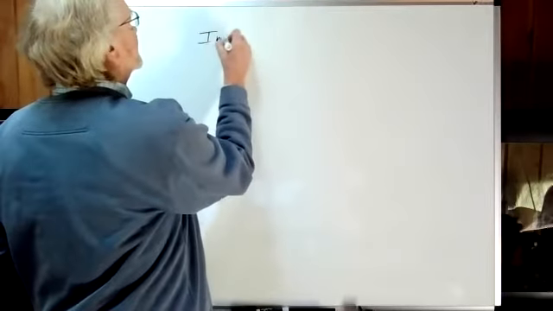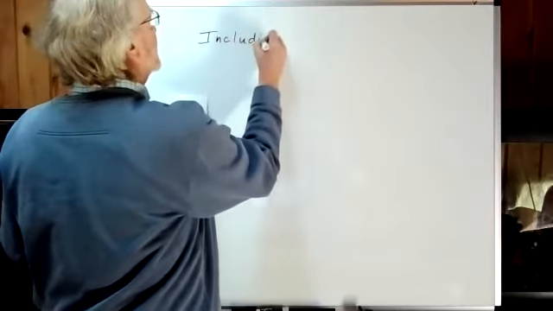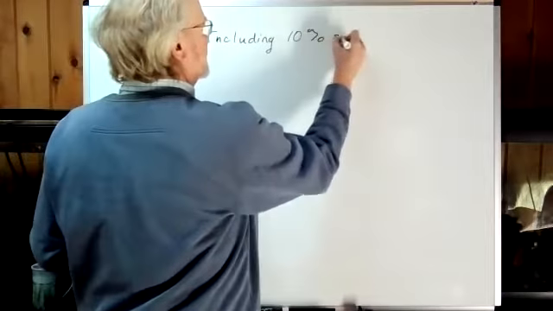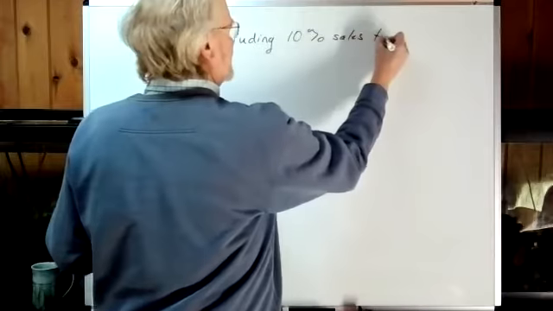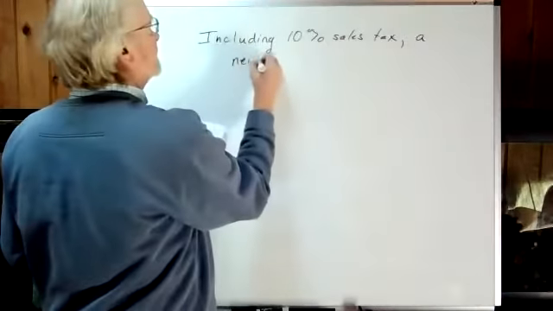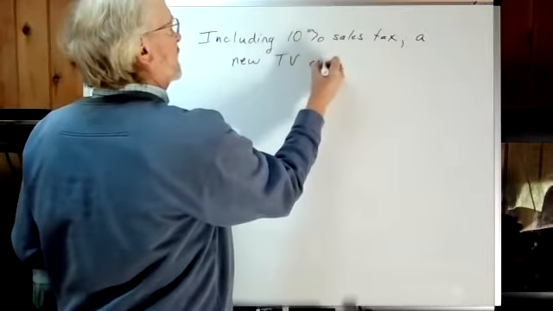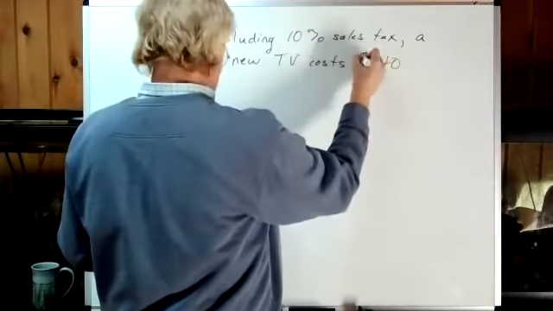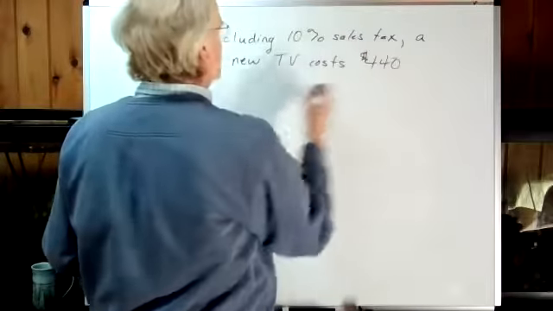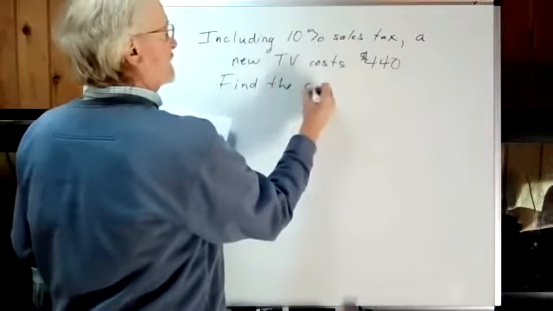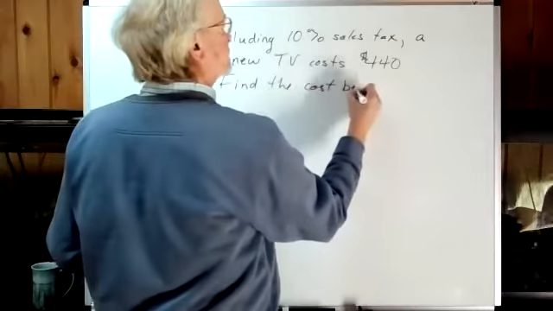This one says, including 10% sales tax, a new TV costs $440. Find the cost before tax.